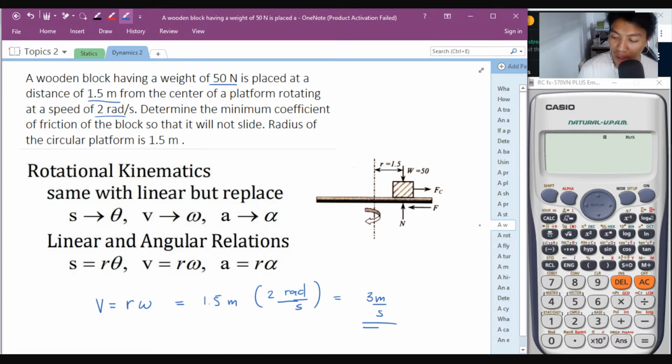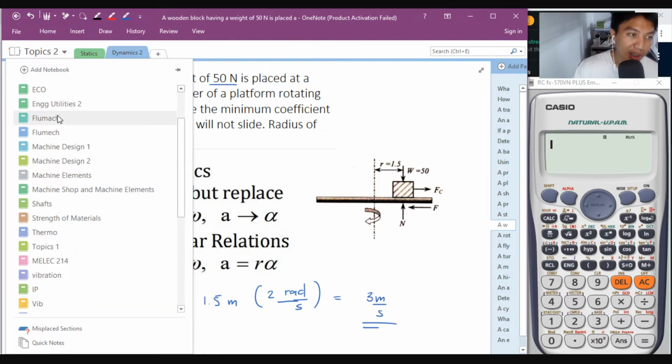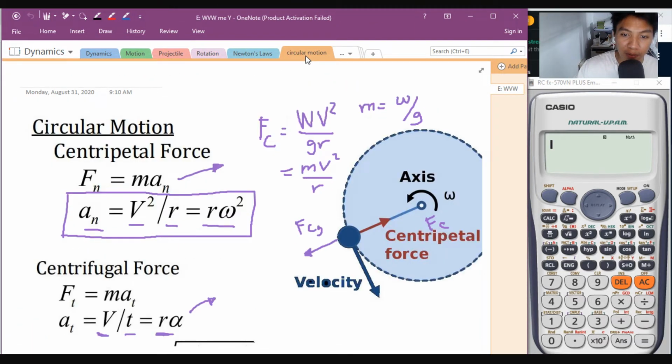That is called centrifugal force. So what is centrifugal force? In circular motion, centripetal is the force that is center seeking, while centrifugal is center fleeing.